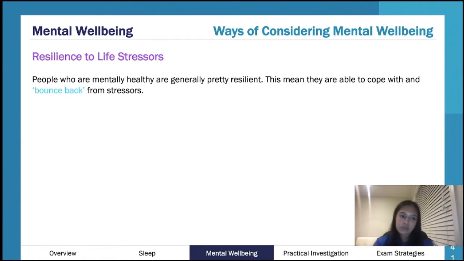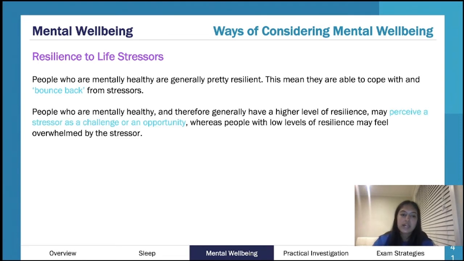So resilience, this is a really important one as well. This idea of being able to bounce back from certain challenges, being able to overcome challenges and adapt and keep going ultimately.